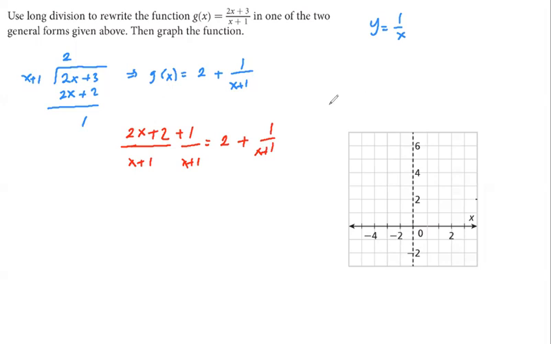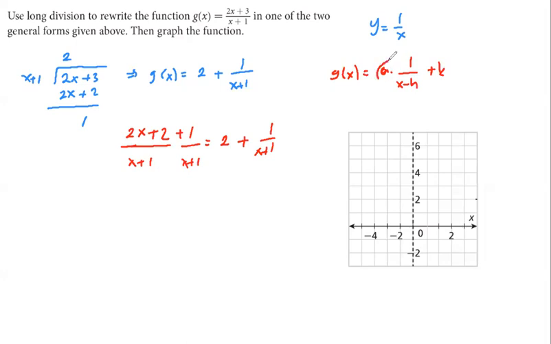Just a reminder, one of the most general ways that we usually write a rational function is g of x equals a times 1 over (x minus h) plus k.